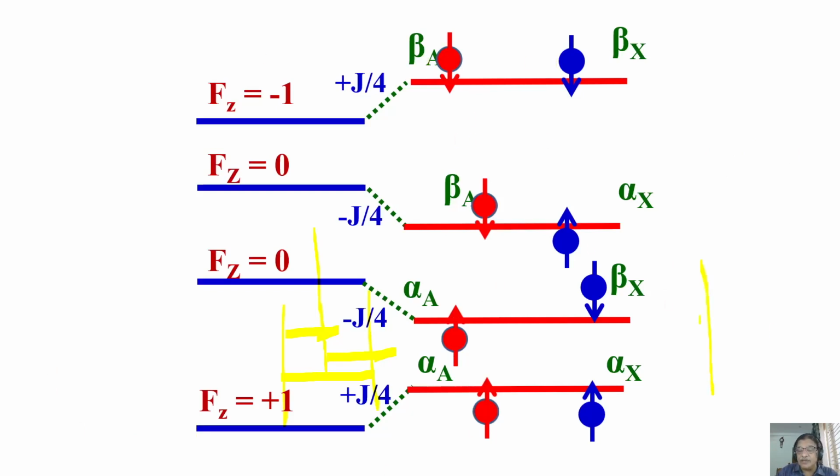Now because of this, one peak which is lower energy or lower frequency comes here, higher energy and higher frequency comes here. So these are the two doublet now, and what is this separation? This is j by 2 and this is j by 2. What is this separation? This is j.